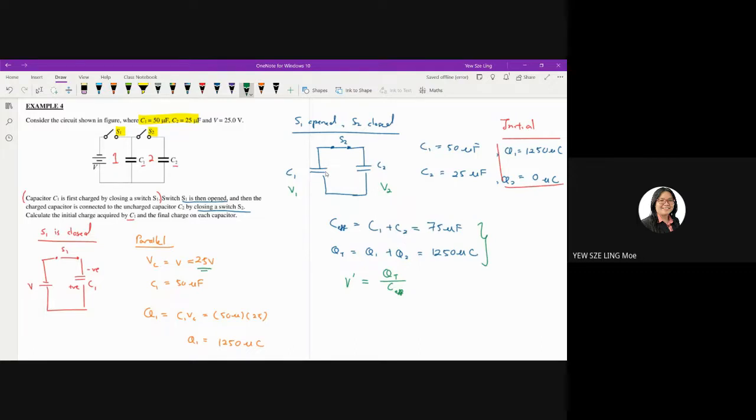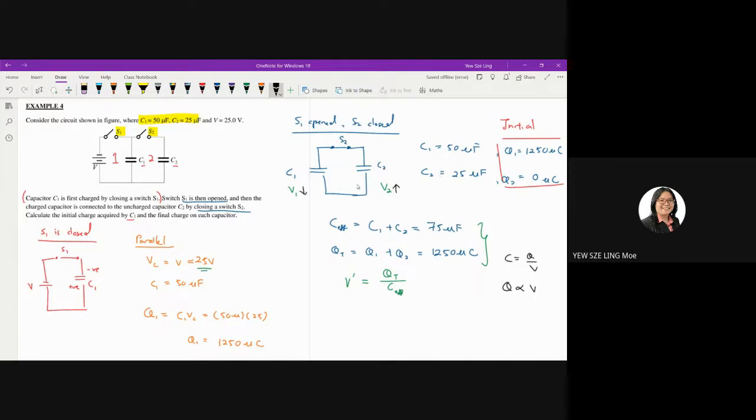When charge leaves C1, V will drop, based on the equation C equals Q over V. V and Q are proportional to each other. So when Q leaves C1 and moves towards C2, V2 will increase and V1 will decrease.